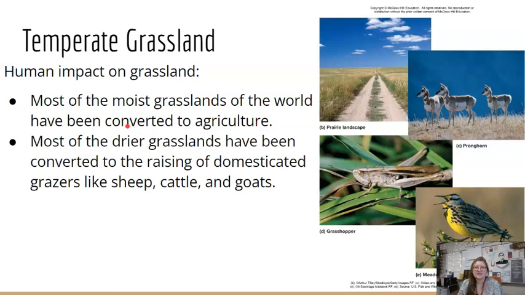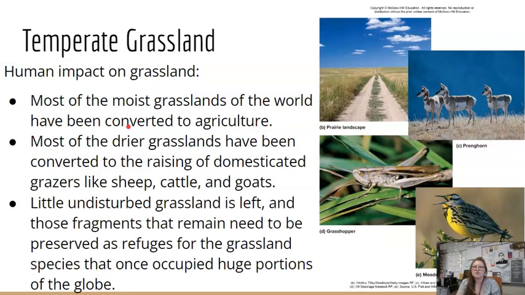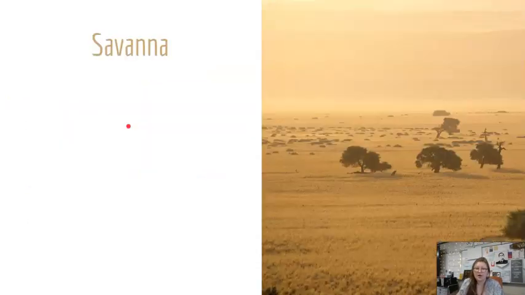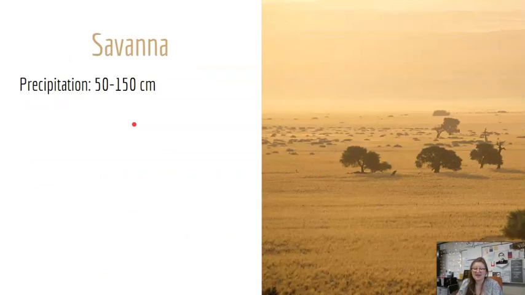Most of the drier grasslands have been converted to the raising of domesticated grazers like sheep, cattle, and goats, like in Texas. Little undisturbed grassland is left because it was so suited for humans to be there. But those fragments that remain need to be preserved as refuges for the grassland species that once occupied huge portions of the globe.